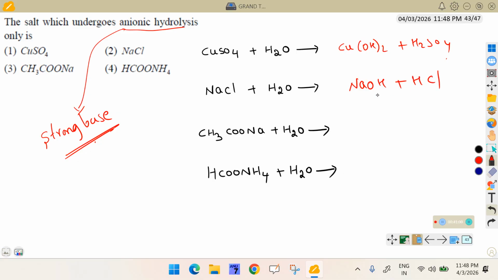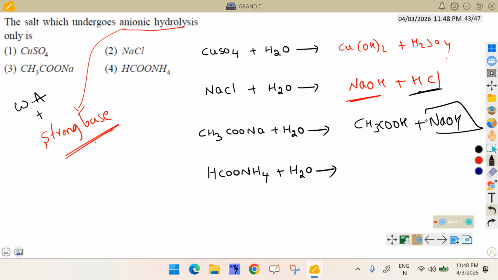Both are strong, so it does not participate in anionic hydrolysis. CH3COONa gives CH3COOH plus NaOH. Acid weaker but base stronger, so sodium acetate undergoes anionic hydrolysis.